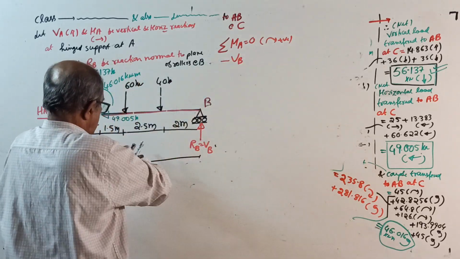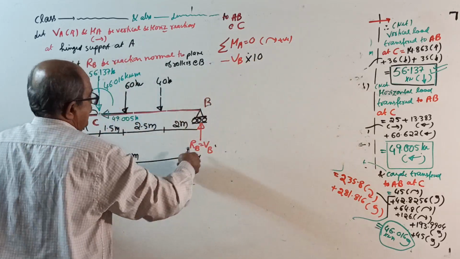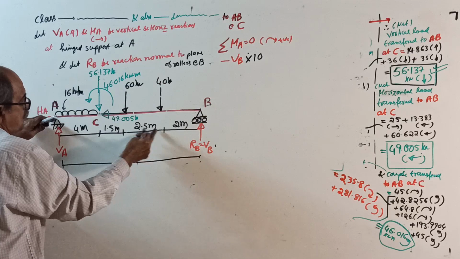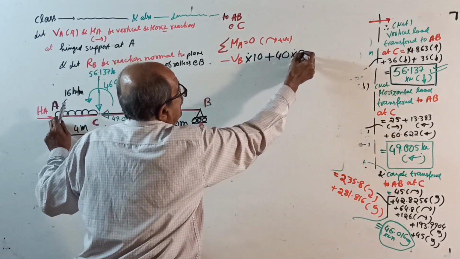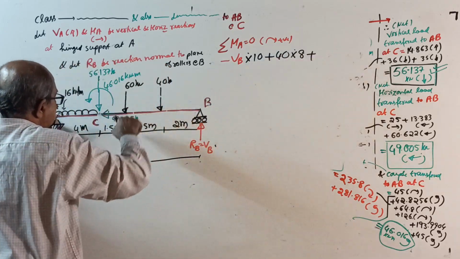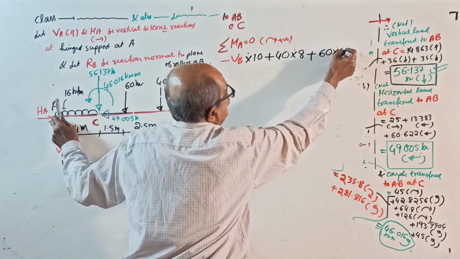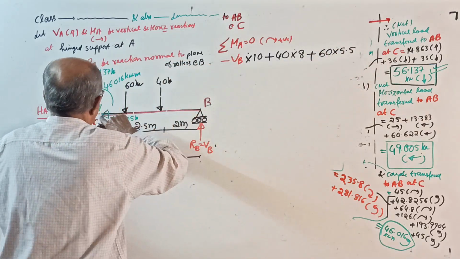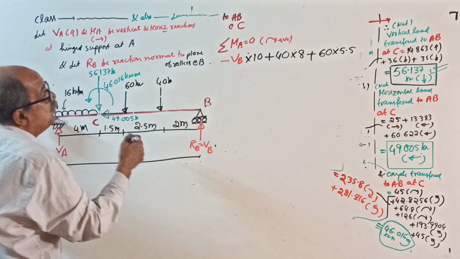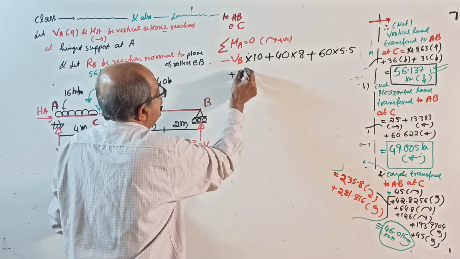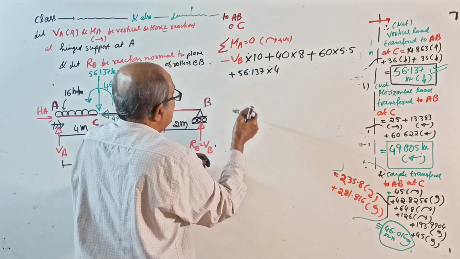Minus VB into 10, then plus 40 into 8 plus 60 into 5.5 plus 56.137 into 4. This is the transferred load.